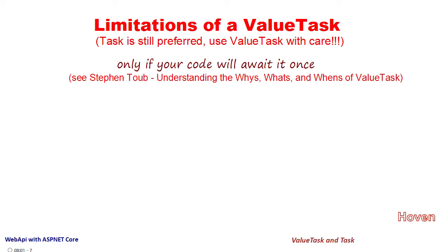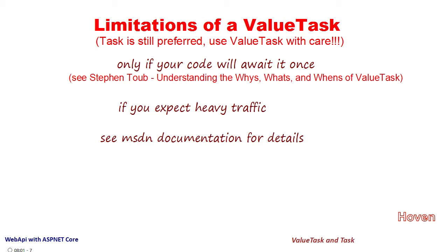So if your code has only one await, then you can use value task, and especially use value task if you expect heavy traffic on a function that returns a task. Now in most of our ASP.NET Core code, a value task is likely to be useful. And for more detail, please do refer to the MSDN documentation.